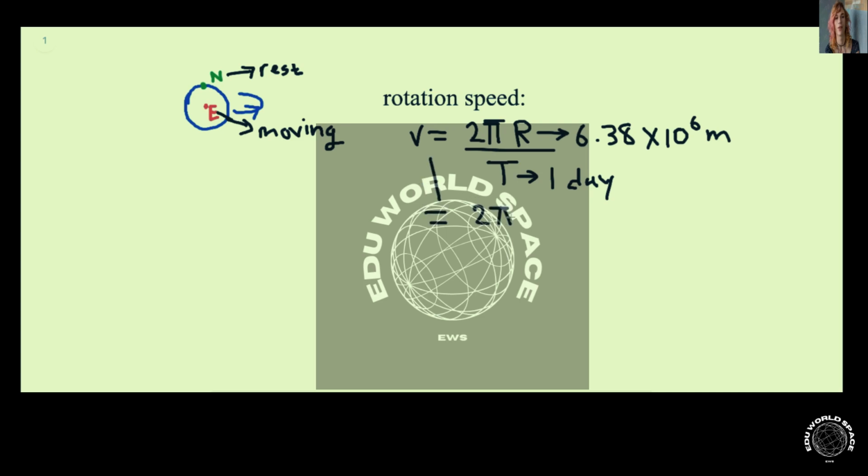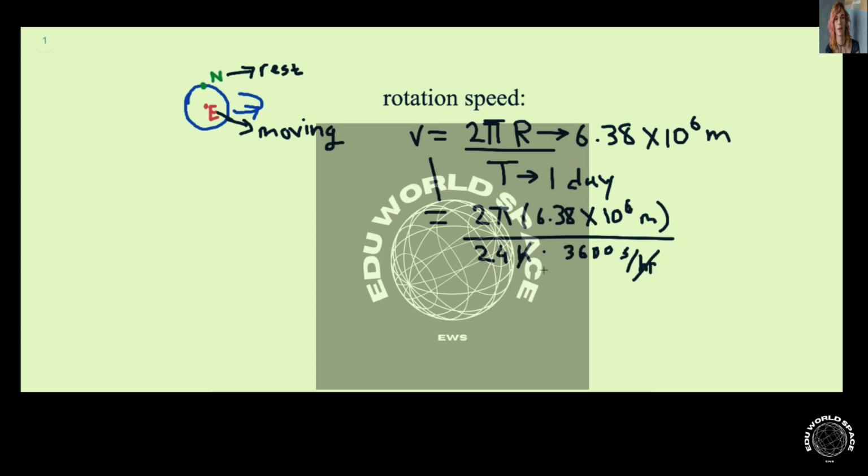Okay? And so we have 2 pi times 6.38 times 10 to the 6 meters over 1 day, which is 24 hours, times 3,600 seconds in 1 hour, because remember, we want this in SI units, and so second is an SI unit, hour is not.